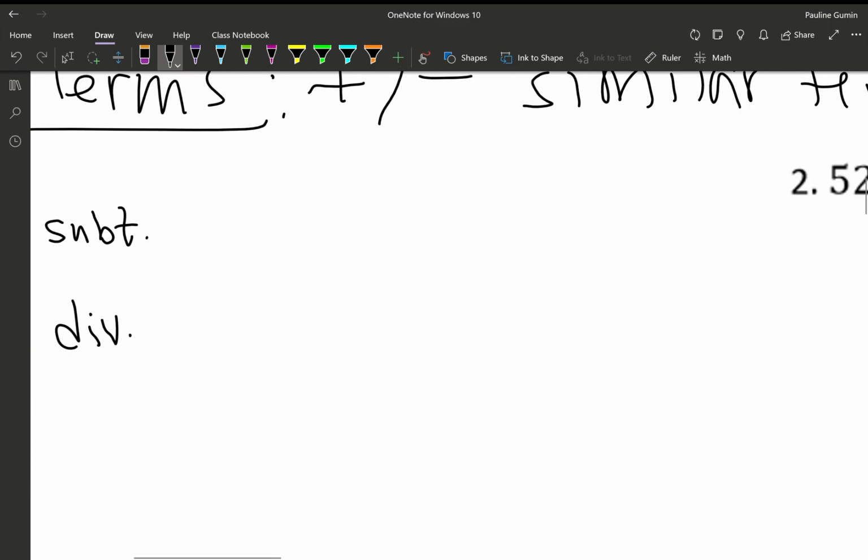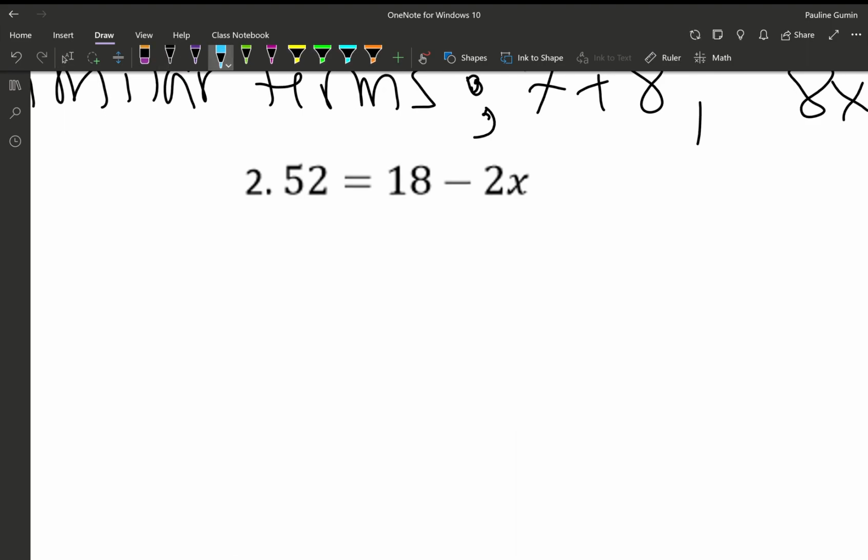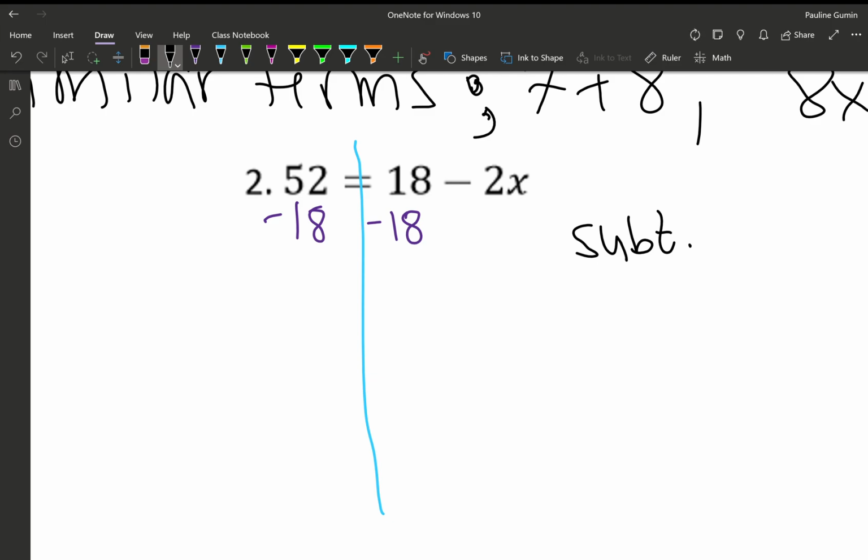All right. Number 2, 52 equals 18 minus 2x. Draw the line down the middle. I'm going to start off by moving the 18 to the other side. 18 is positive, so minus 18 on both sides. On the left side, 52 minus 18 is 34. 18s cancel over here, and we're left with negative 2x.